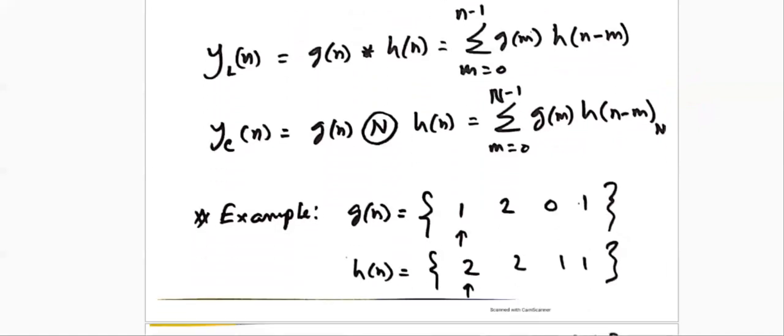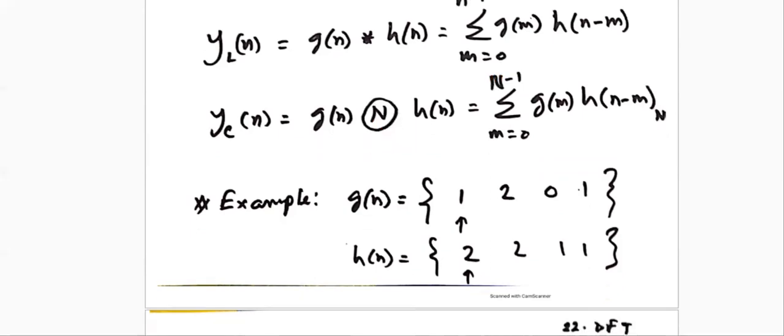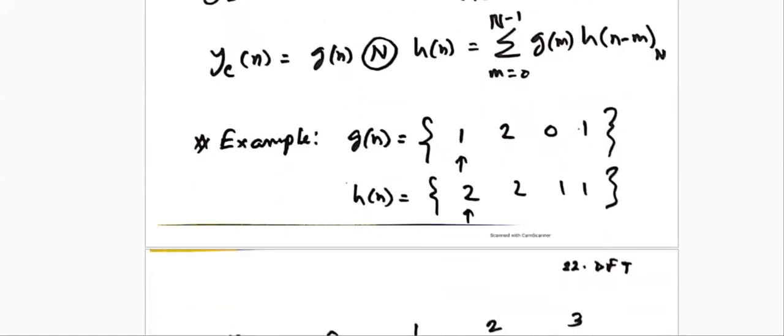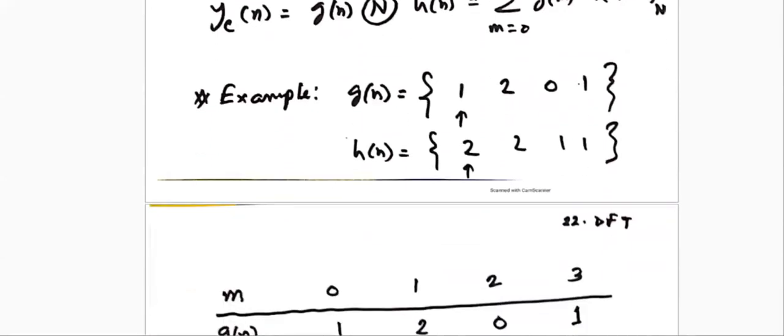Now, for the circular convolution, by symbol we express it like this: g(n), and h(n) with a circle. It shows that this is a circular convolution. Everything looks the same, but the difference is that we need to define the value capital N, and put this capital N as a subscript.